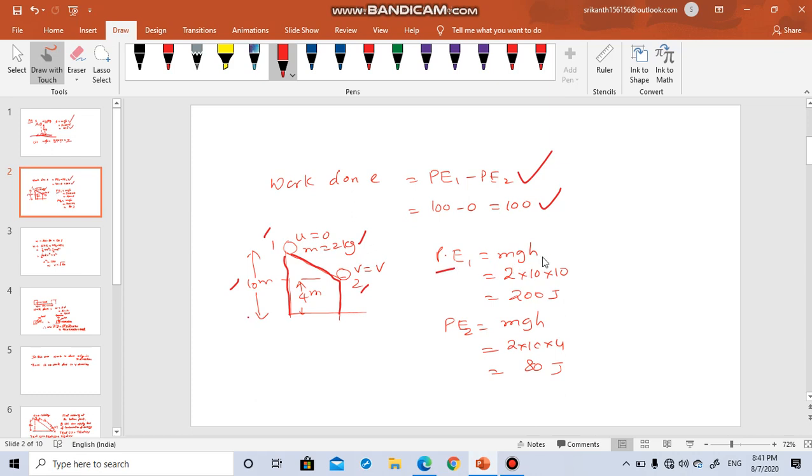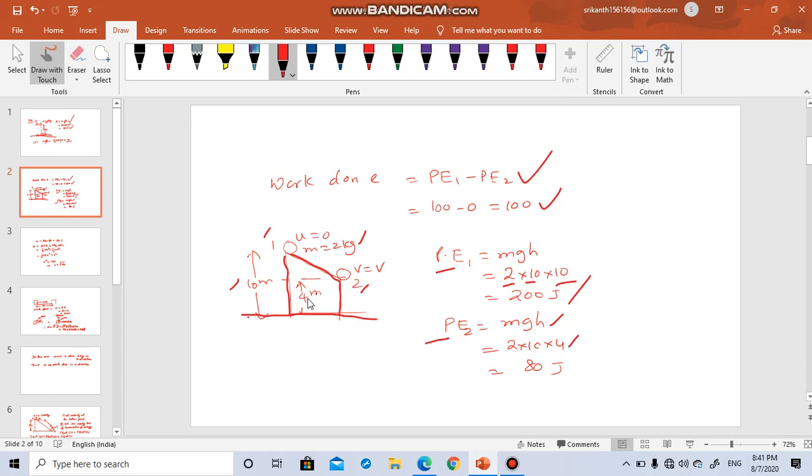PE1 is equal to mgh. You have to put the mass of the ball 2 kg, gravity is 10 and height 10. Why have I taken 10? I am taking ground as the reference line, and you have to consider the vertical height. So that's why 10, 200 joules. Similarly, PE2, again mgh, mass is not changing, it is 2, gravity is 10, height is 4.